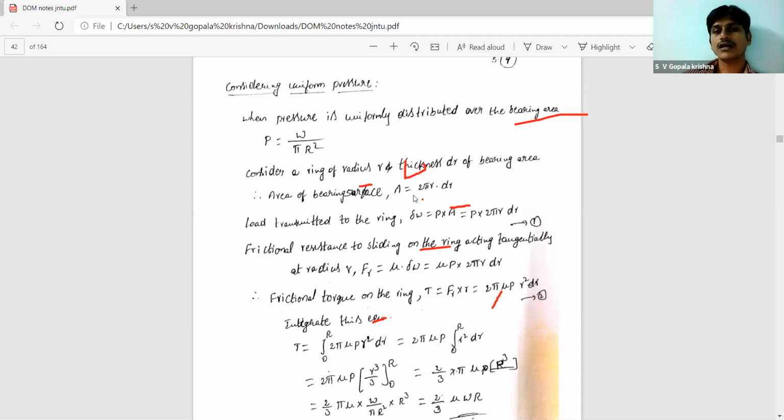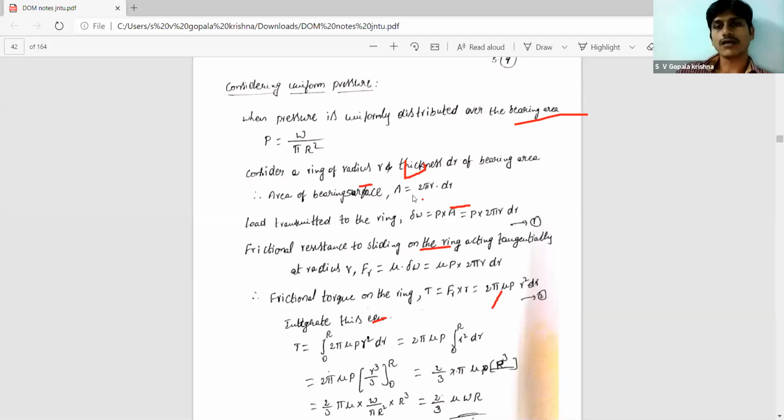That small ring area is 2 pi r dr. Why? Because the radius value is small r, and the area is the circumference into the thickness. So that is 2 pi r dr.